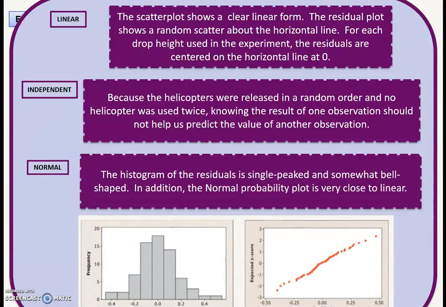Normal. So the histogram of the residuals is single-peaked and somewhat bell-shaped, so it looks like it could be approximately normal here. What we're usually going to check is the normal probability plot, and as long as this is approximately linear here, we should be good to go.